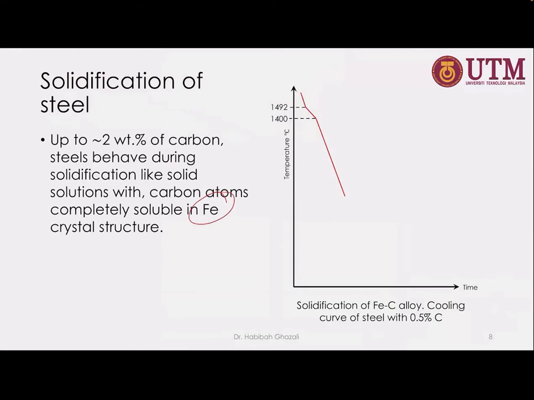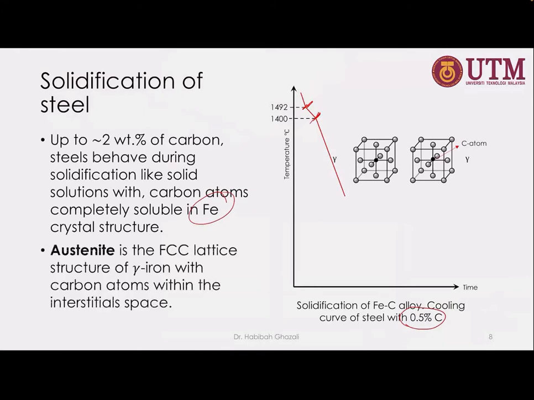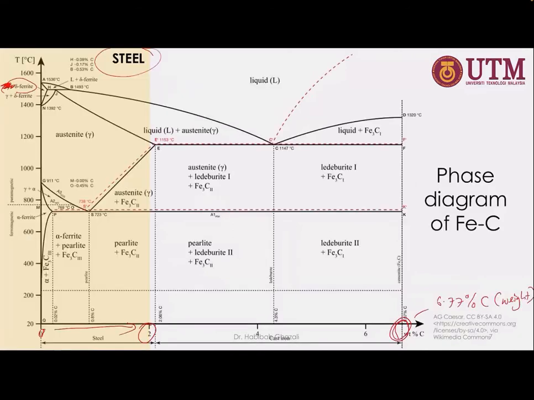For example, if we look at this 0.5% carbon, the behavior during solidification: above this temperature it is liquid, and then it forms liquid plus something, and below this temperature it forms, let me see, 0.5.